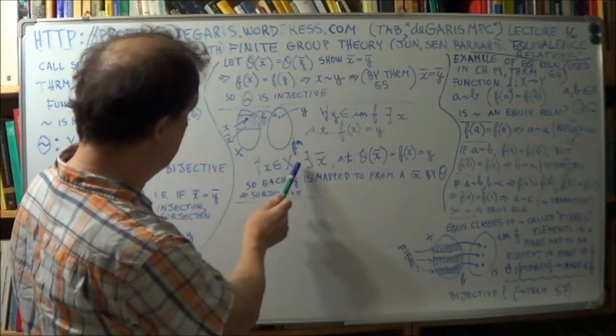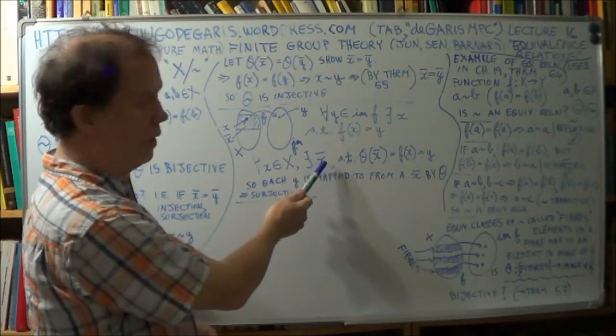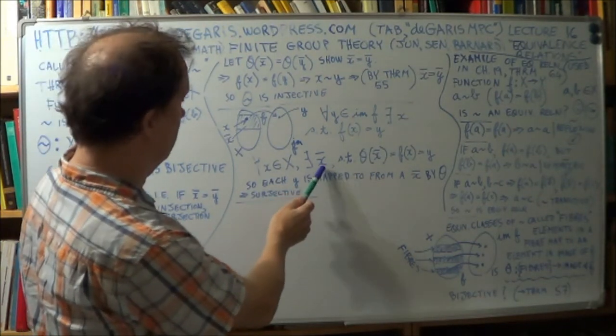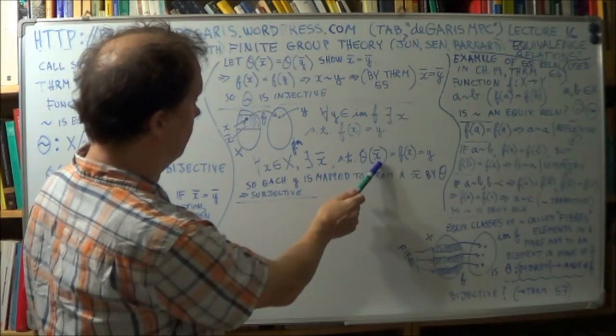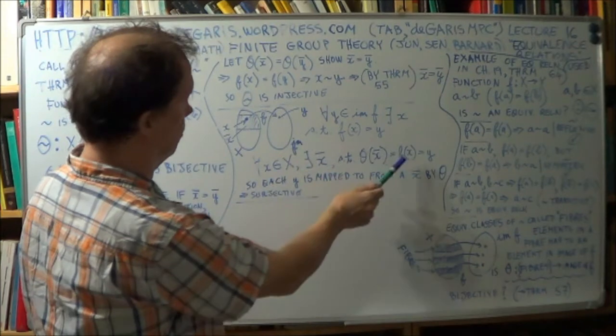For any x, there will be a corresponding fiber, an equivalence class x bar, so that theta of this maps to y.